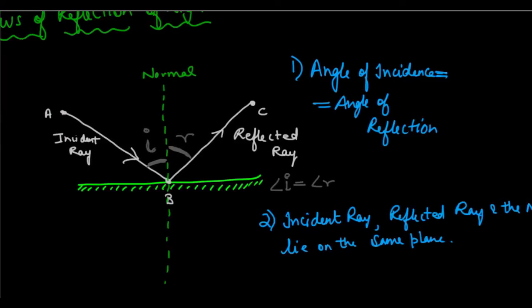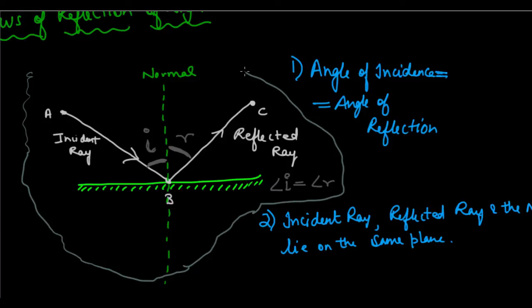Here you can see that this is a plane surface. If you take this case here, this is my plane surface. On this plane surface, you can see this is the mirror, this is the normal, this is the incident ray, this is the reflected ray.